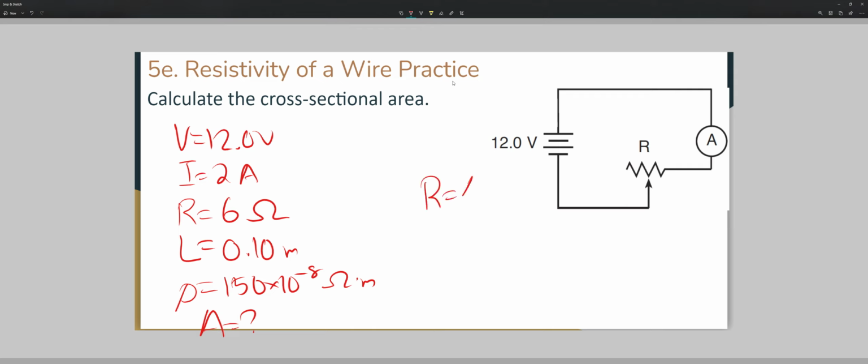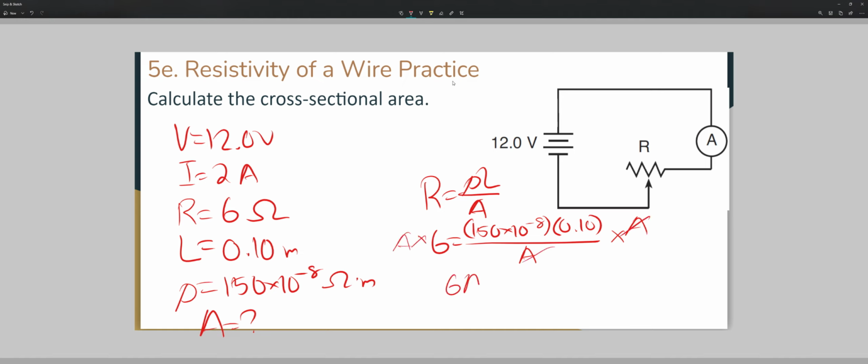So my resistivity is that, and I want to solve for A. Let me just plug everything in. My length is 0.10 over A. That's what we want to solve for. Multiply by A on both sides.